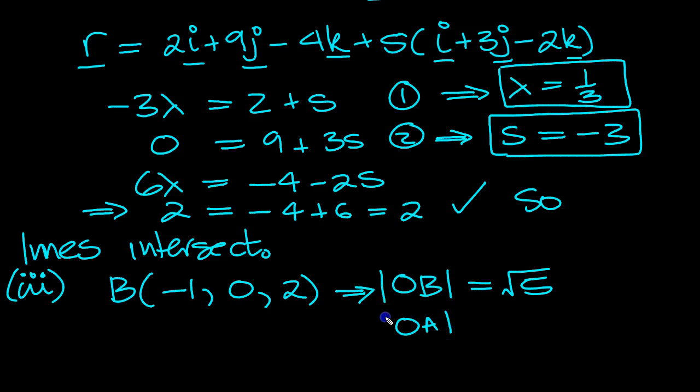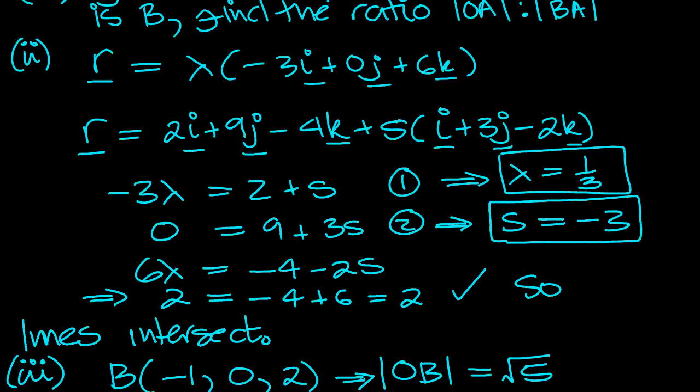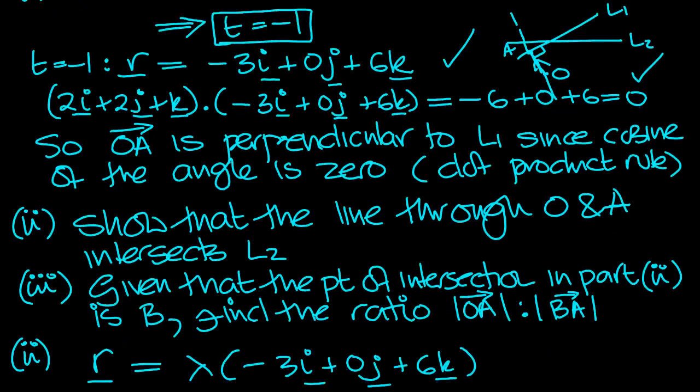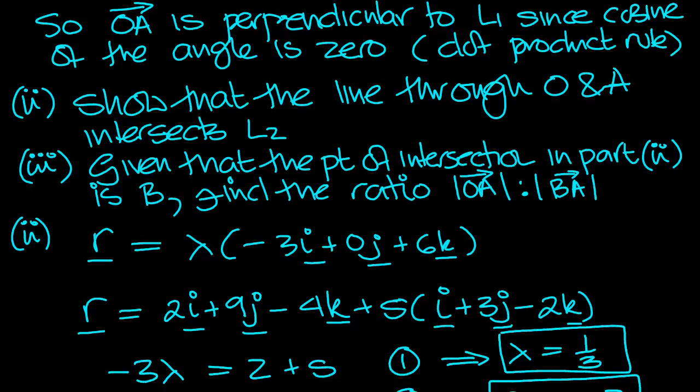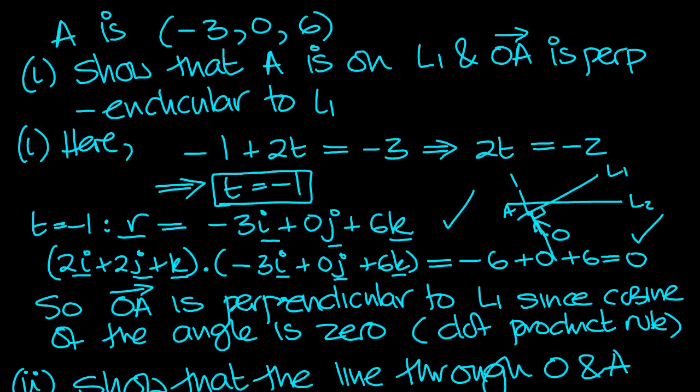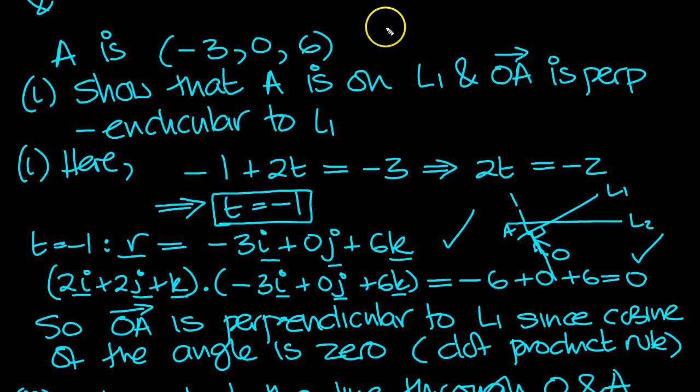OA. Let's go back and get A. Okay, where's A? Part 1. Where is part 1? OA is minus 3, 0, 6, so the modulus of OA here, let's just do it here, is equal to 9 and 36. 9 and 36 is 45, so that's square root 45.